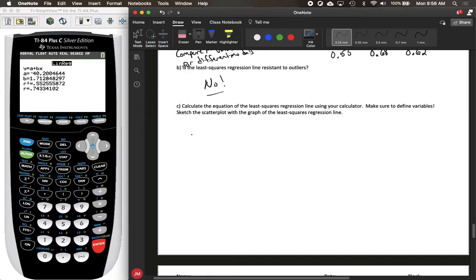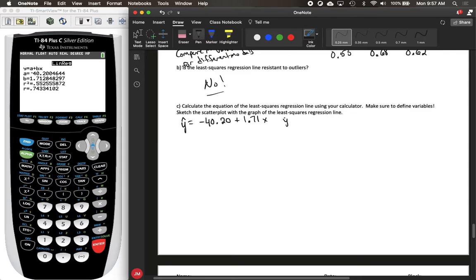And let's write down what our regression equation is. So we would say that y hat is equal to, let me be a little bit more careful, negative 40.20 plus 1.71 multiplied by x. Now again, we can define our variables in a couple different ways.